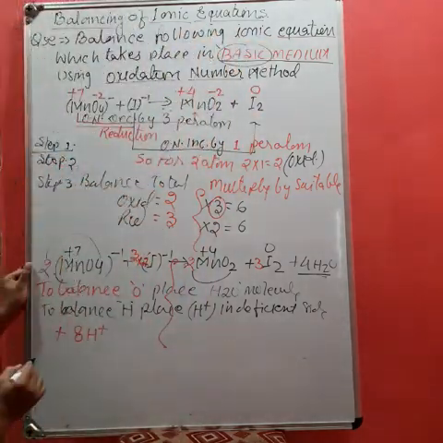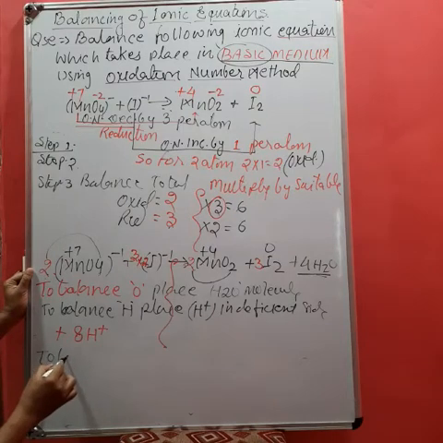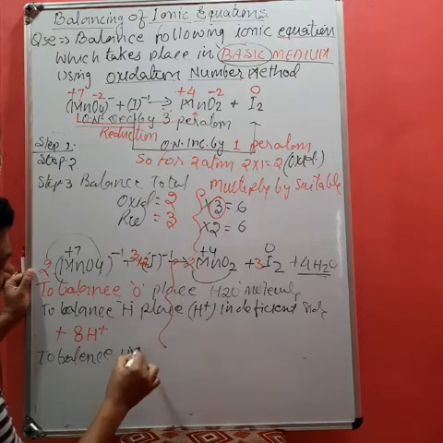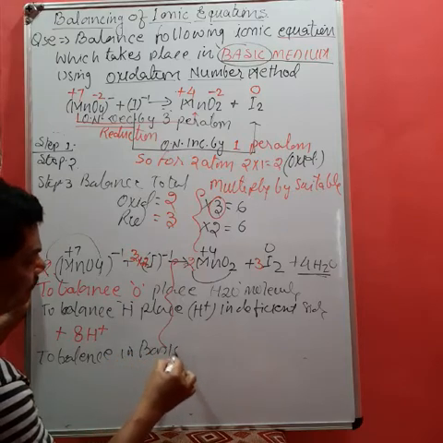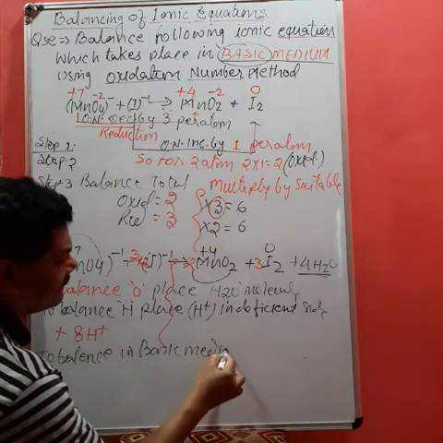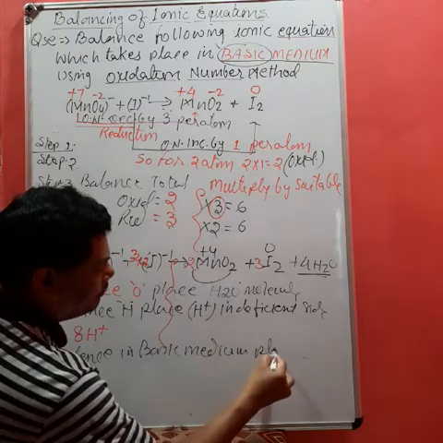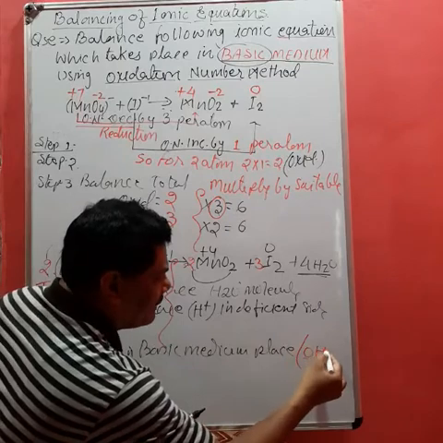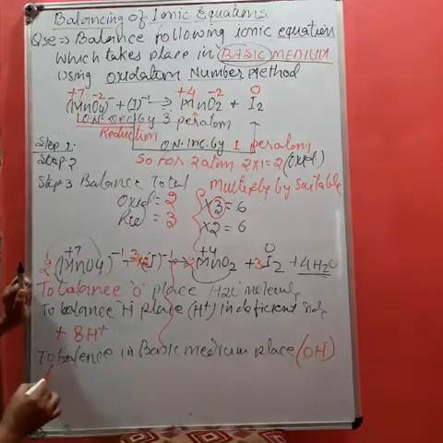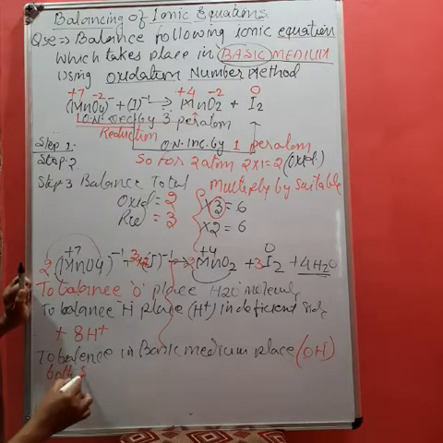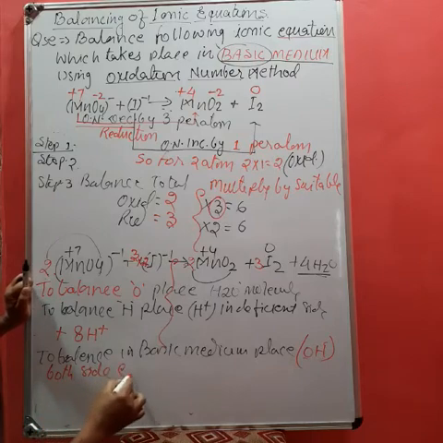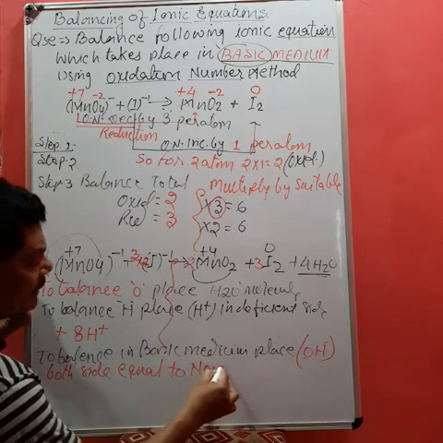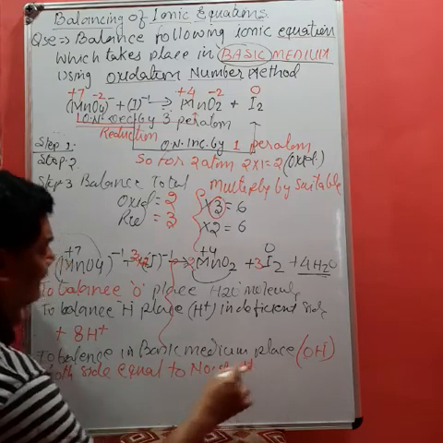So the final step is to balance in basic medium. Place OH anion on both sides equal to the number of H cations.